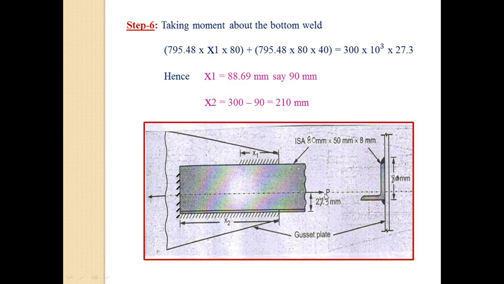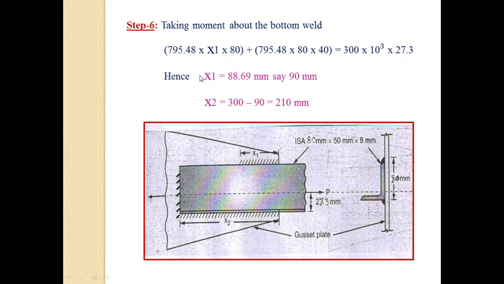So this P acts at a distance of 27.3 mm from the bottom. Taking the moment at the bottom, P is 300 kilonewton into 27.3, that is 300 into 10 raised to 3 newton into 27.3, which is clockwise. After solving these, we get the value of x1.